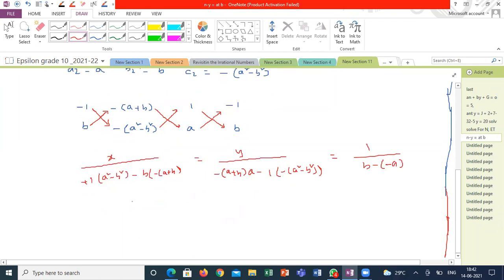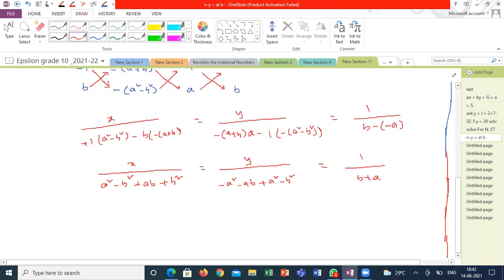Any confusion, guys? x divided by a square minus b square minus of minus is plus ab plus b square is equal to y divided by minus a square minus ab minus into minus plus a square minus b square will be equal to 1 by b minus of minus a is b plus a.